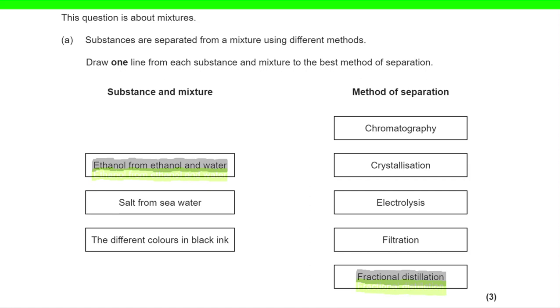We'll evaporate and then condense them. Salt from seawater, possibly one of the first separation practicals you did way back in year 7, we're looking at crystallisation. Often we'll refer to that as evaporation as well. And the different colours in black ink, hopefully that's directing you towards chromatography.